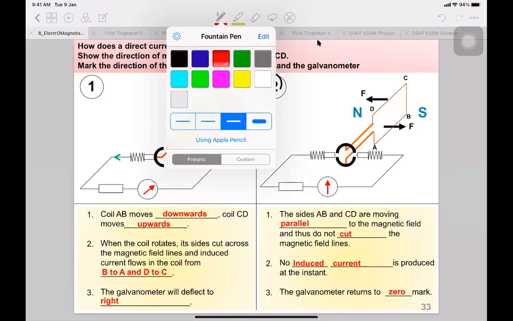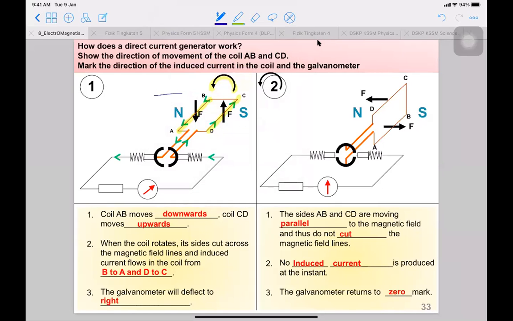Dapatkah tidak? Coba kamu try. Ini kan dia punya magnet. This is the magnet di sana. Not to south. But then, kalau kamu punya Fleming's right hand rule, ikut itu directionnya lah kan, your index finger is pointing to the right.